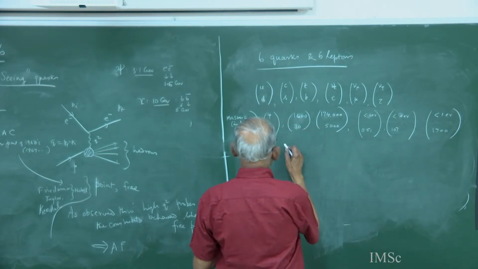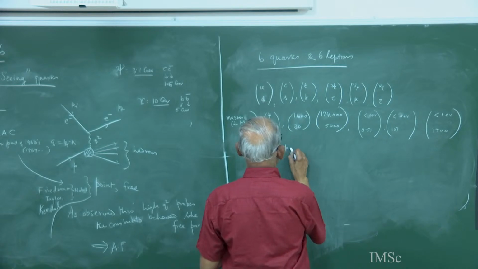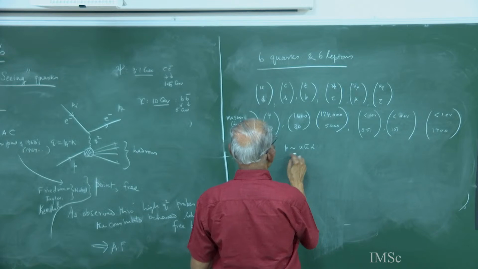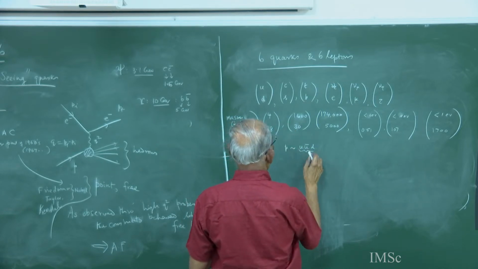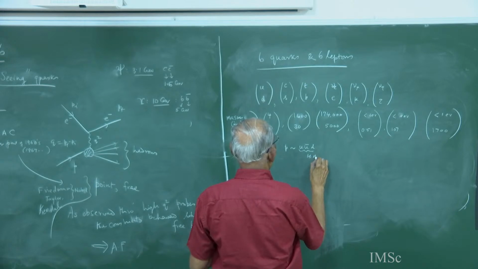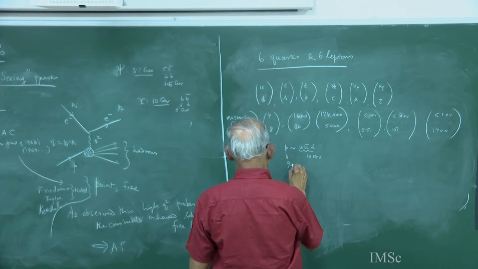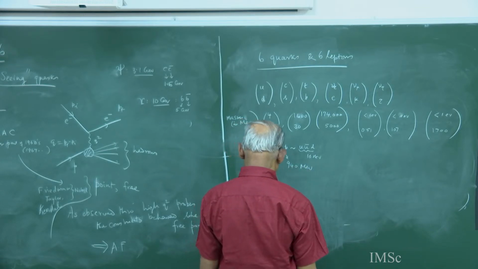But remember, we have been calling the proton the bound state of u u d, whose mass should be less than the masses of these. The masses of these are 4 plus 4, 8, 8 plus 8, 16 MeV, whereas this is 940 MeV. How do you account for such a big mass?